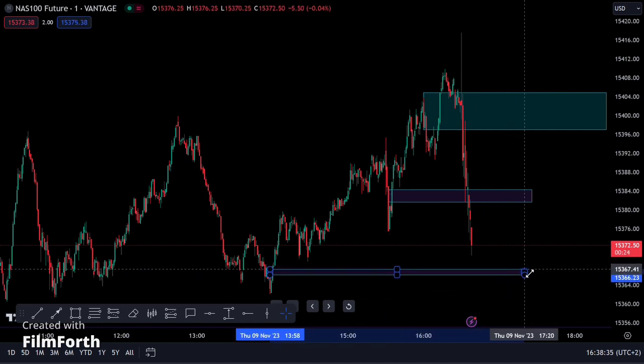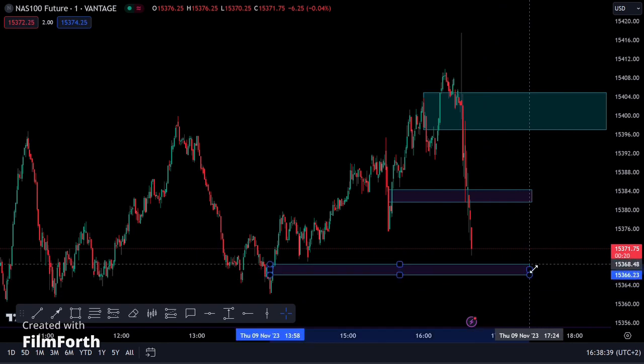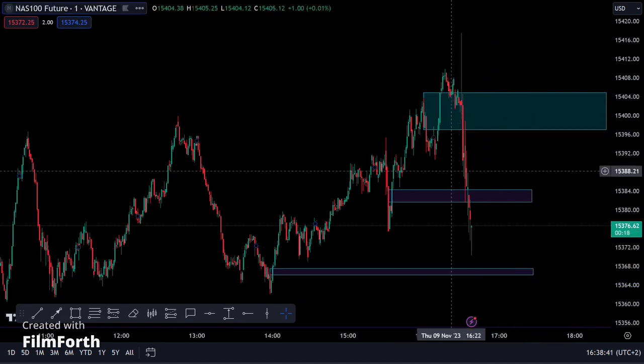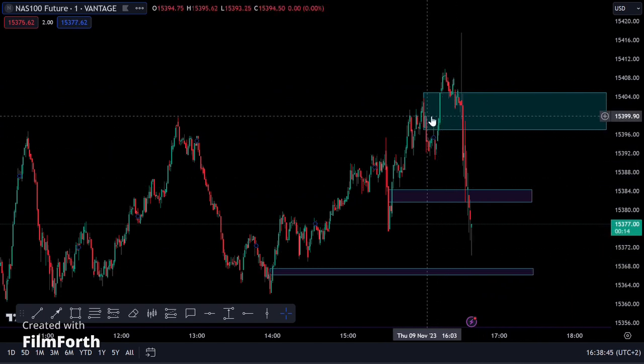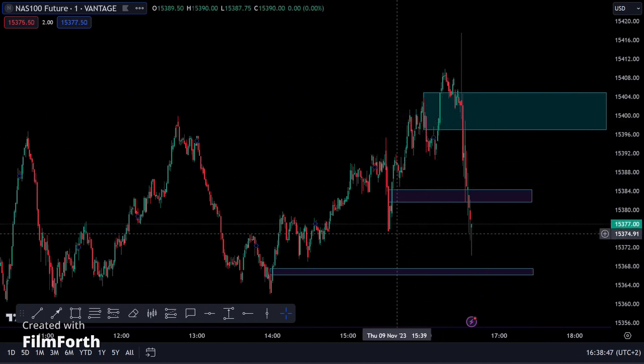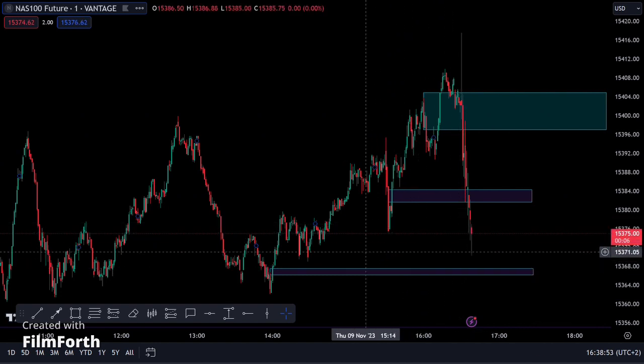Look at how many things it violated. So many things right here. It violated so many things, but it broke the low. So initially it just wanted to take the liquidity out, right? Let me see what we're dealing with here quickly.